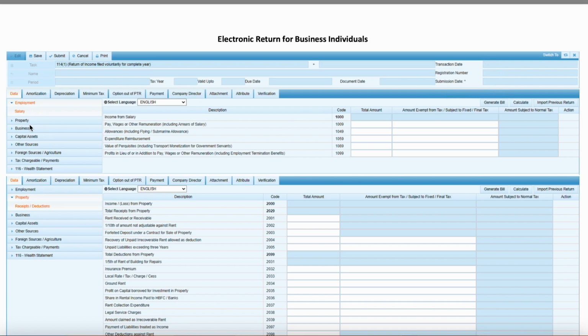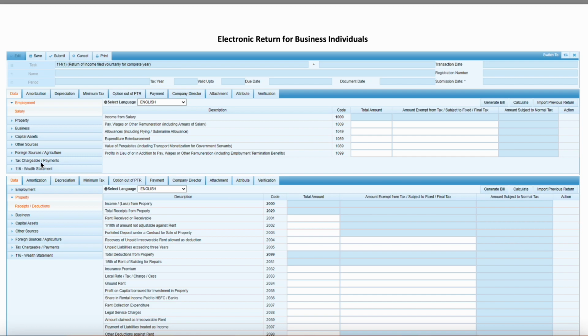Then these are the different heads of accounts: employment, salary, income from property, income from business, income from capital assets, income from other sources. These are the five main heads. And then there is a separate head for foreign source income, income earned outside Pakistan, and agriculture income, which is exempt from income tax but taxable by different provinces of Pakistan.